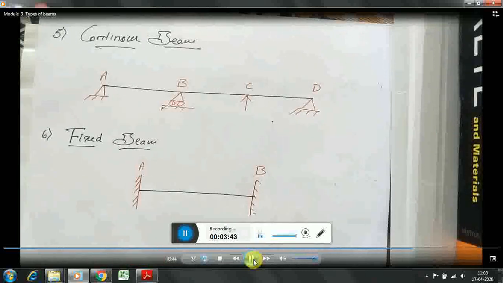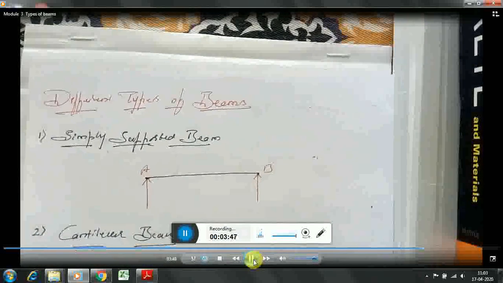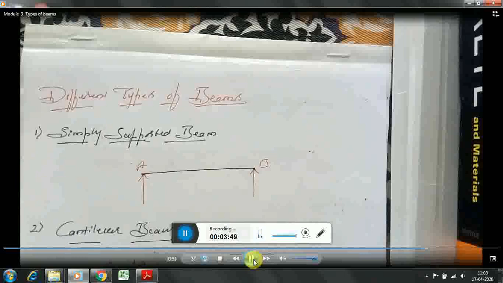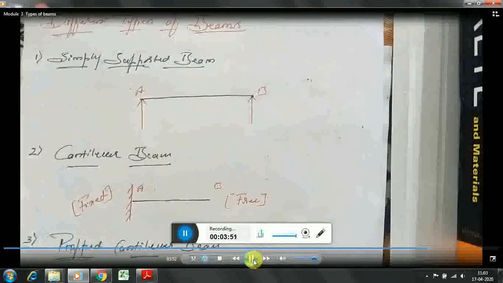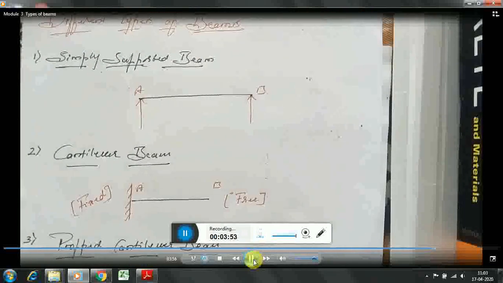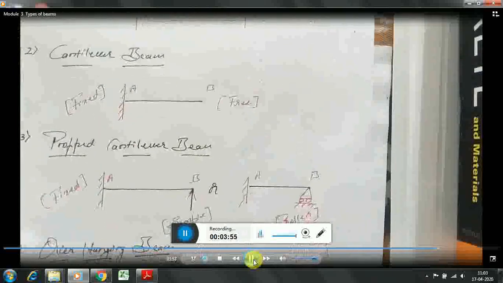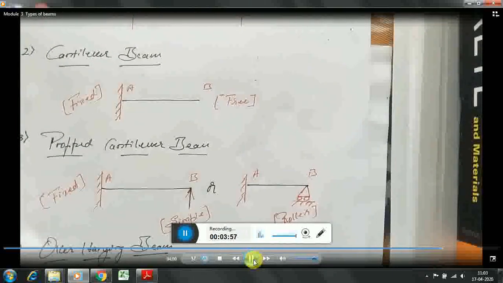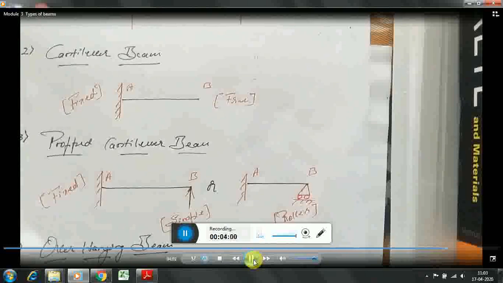So once again I will quickly go through. The first one is called a simply supported beam, where both the ends are simply supported. The second one is the cantilever beam, where one end is fixed and the other end is free. The third one is the propped cantilever, where one end is fixed and the other end is a simple support or a roller support.